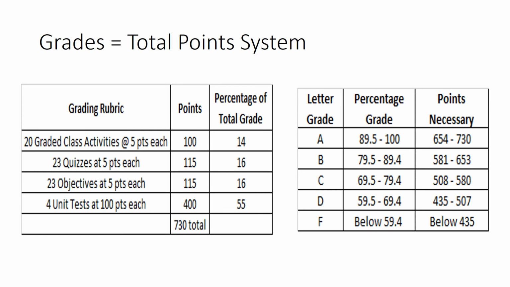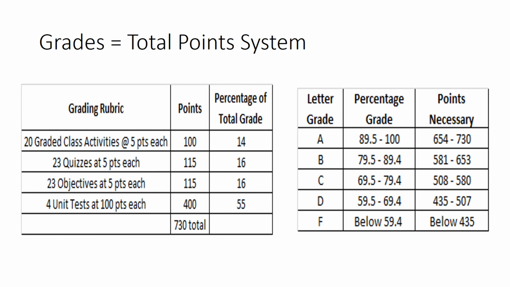On the left-hand side of the page, there's a chart that shows the different assignments and the points they count for. So as you can see at the top, you're going to do approximately 20 in-class activities for a grade. These include completing your notes. They also include the activities and participation for that day. They're 5 points each. You will complete 23 objectives. That's those review sheets, and they will count for 5 points each.